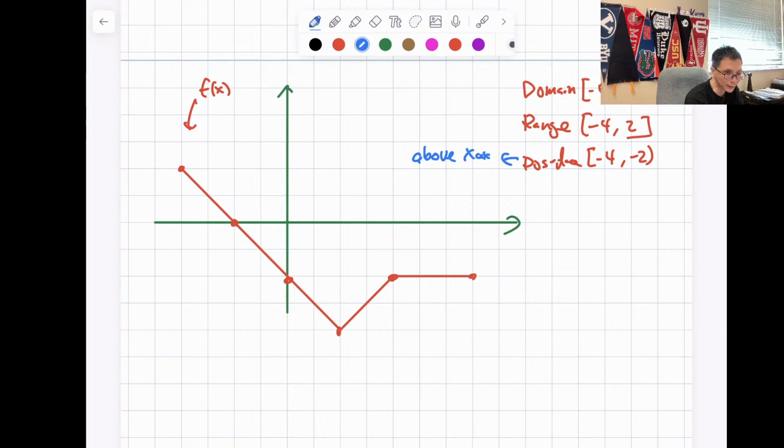How about negative? When is a function negative? If positive means above the x-axis, what does negative mean? Okay, so from which x value to which x value is the function negative?